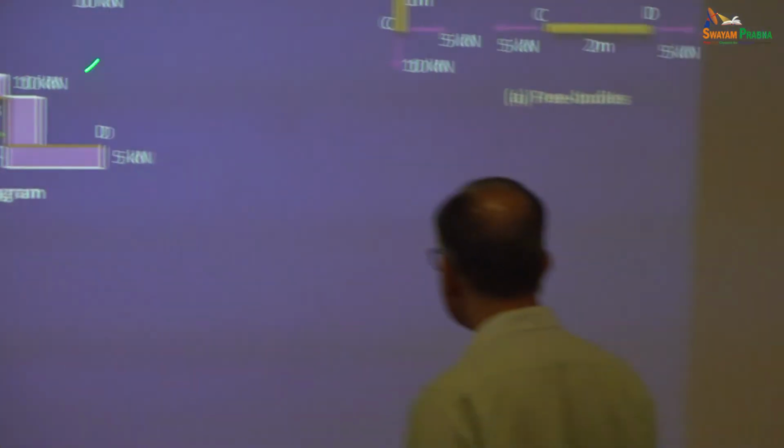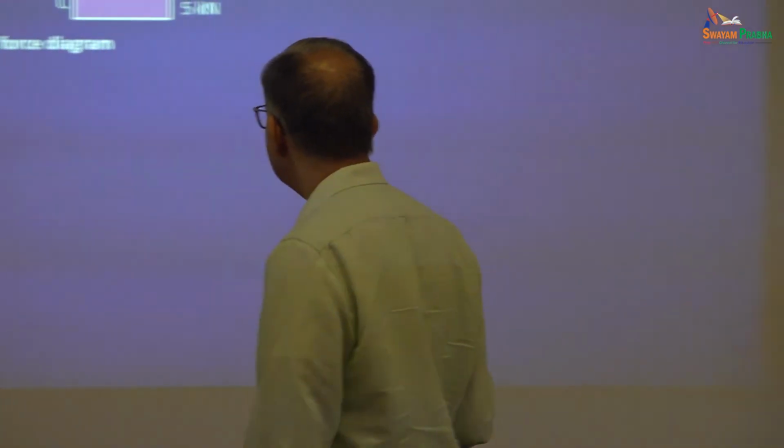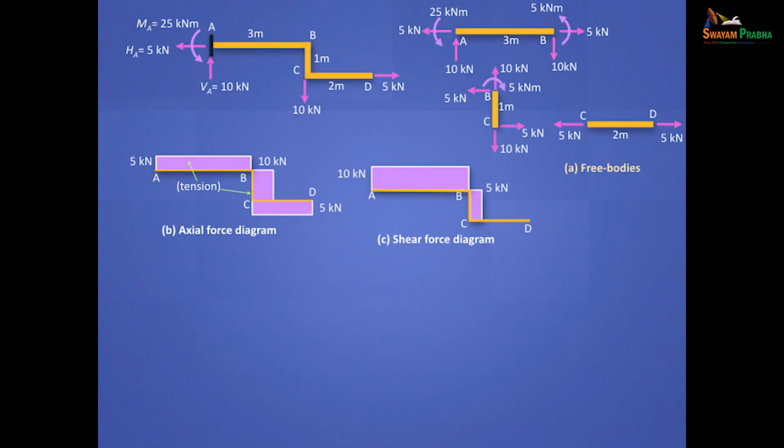The vertical is being pulled down by 10, so it's also got 10. But this 10 comes as a shear in the other member. So this is axial force. Draw the shear force diagram. There's no shear in CD, and this 5 becomes a shear force in this member, and this 10 becomes a shear force in AB. Got it?